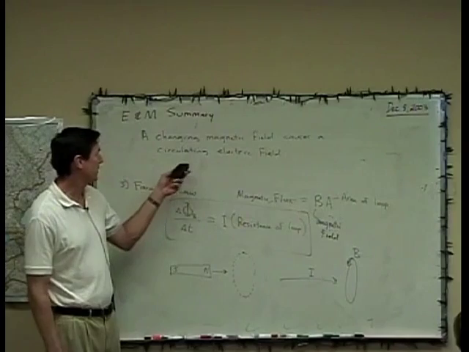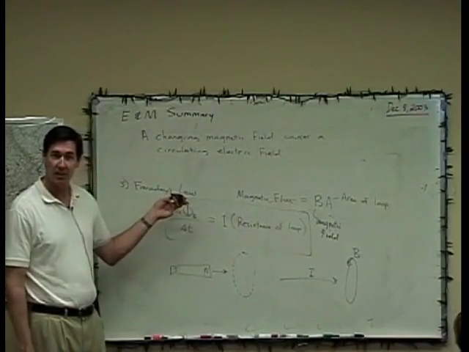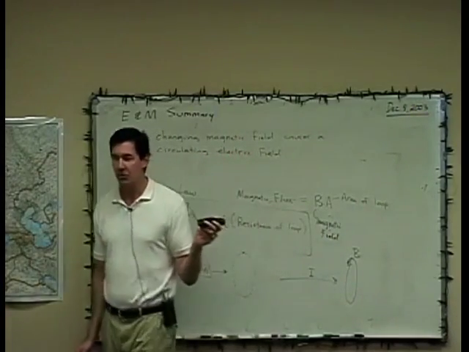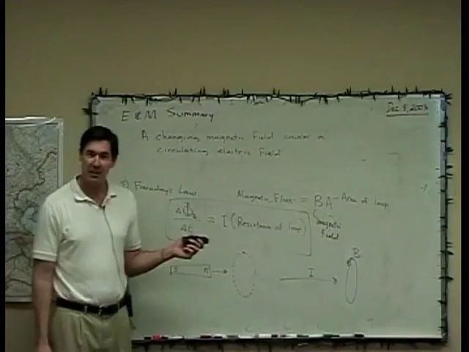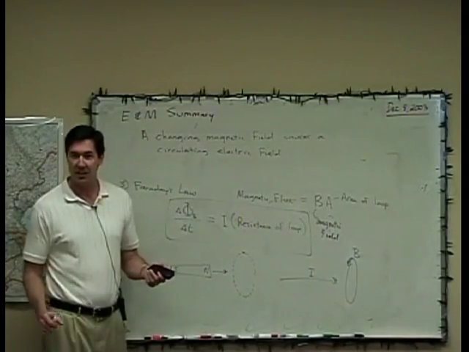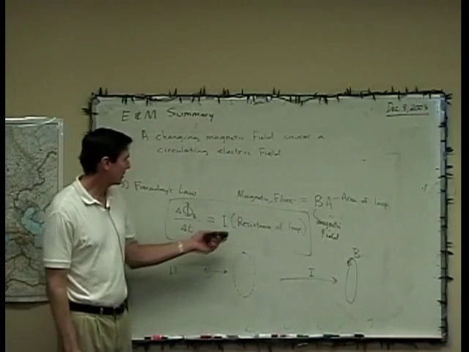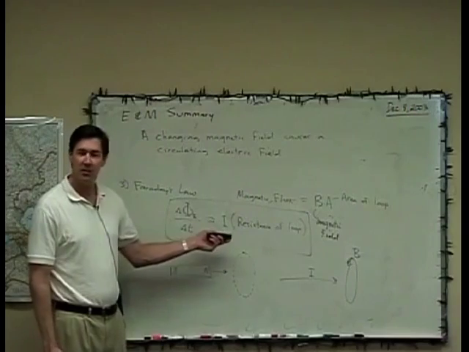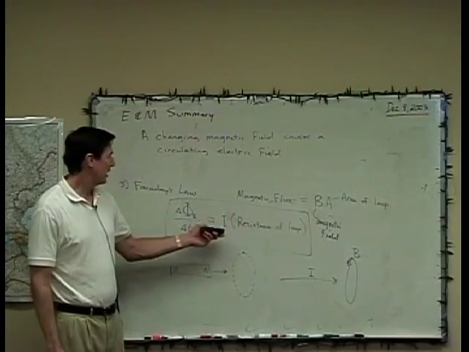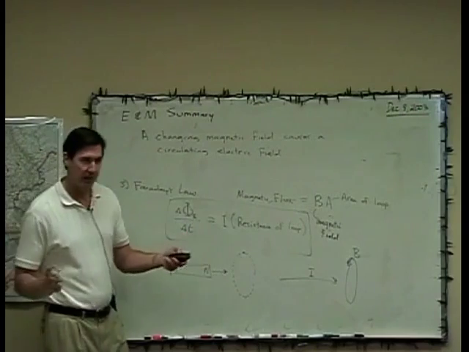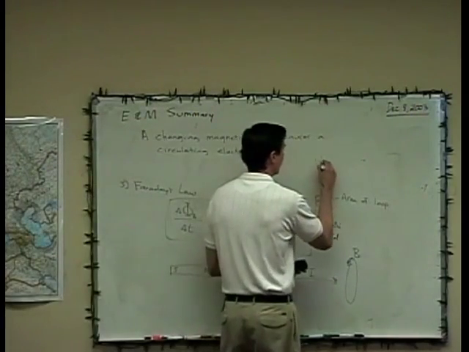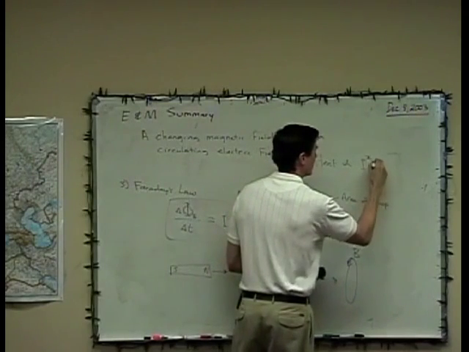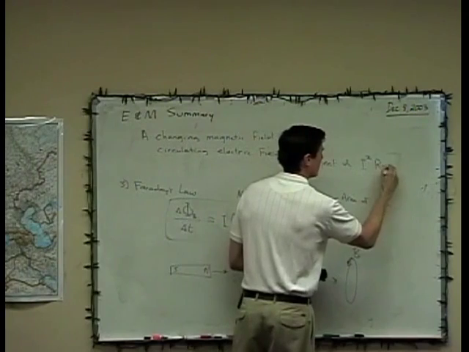Actually, right after, the decade after Faraday discovered this, there was another English physicist, a guy named Joule, who studied the heating effects of electricity. And he actually discovered that the heat generated by current going through a wire is proportional to I squared times the resistance.